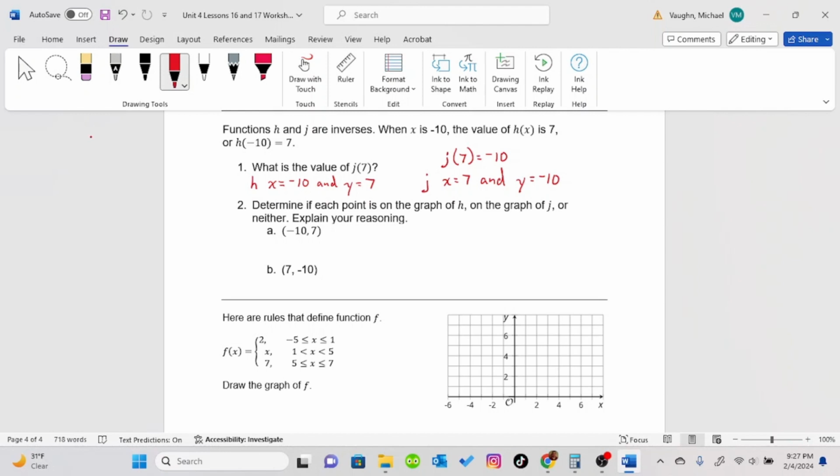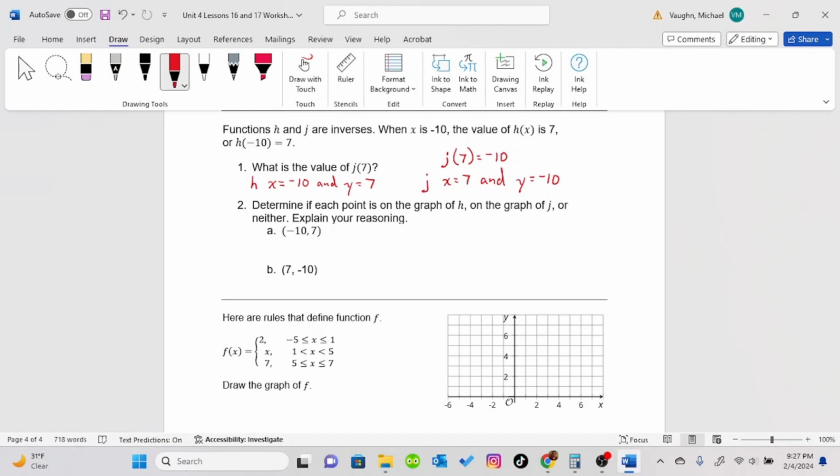Determine if each point is on the graph of h, on the graph of j, or neither. Explain your reasoning. A is negative 10, 7. That matches h because x equals negative 10 and y equals 7.